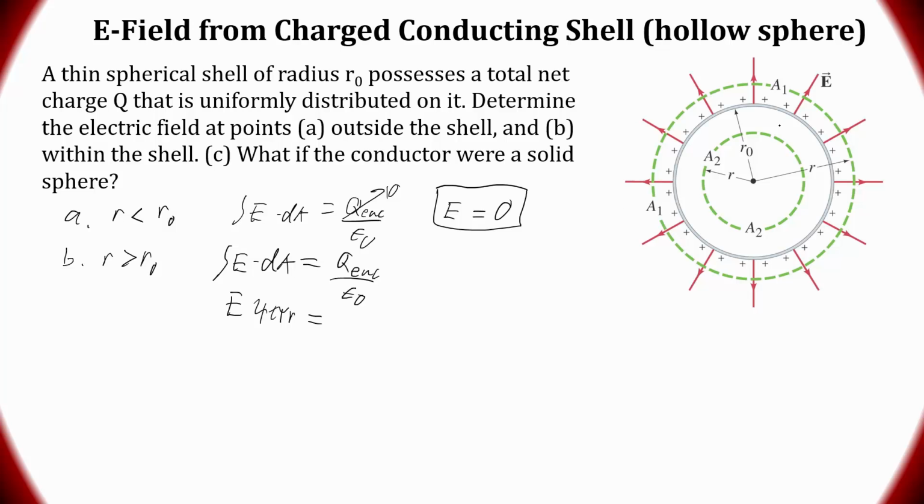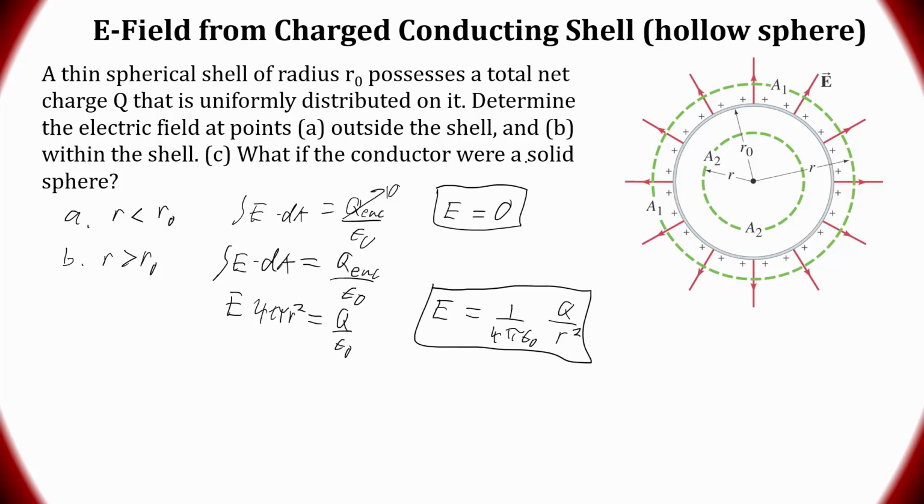The enclosed charge, the total charge distributed around that, is Q over epsilon naught, and this is exactly what we saw for a point charge. So the electric field outside is 1 over 4 pi epsilon naught times Q over r squared. I forgot my squared over there. All right, so it's just like a point charge once you get outside of the sphere.